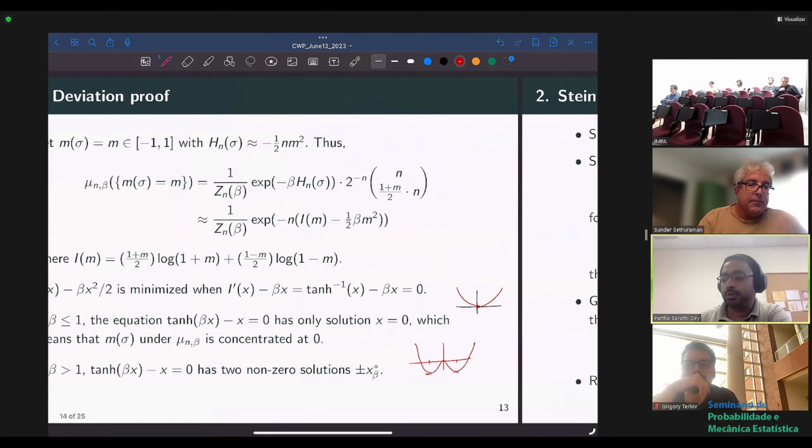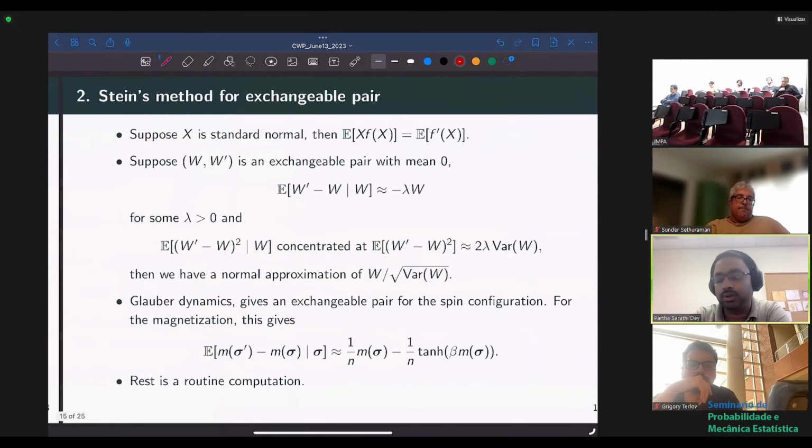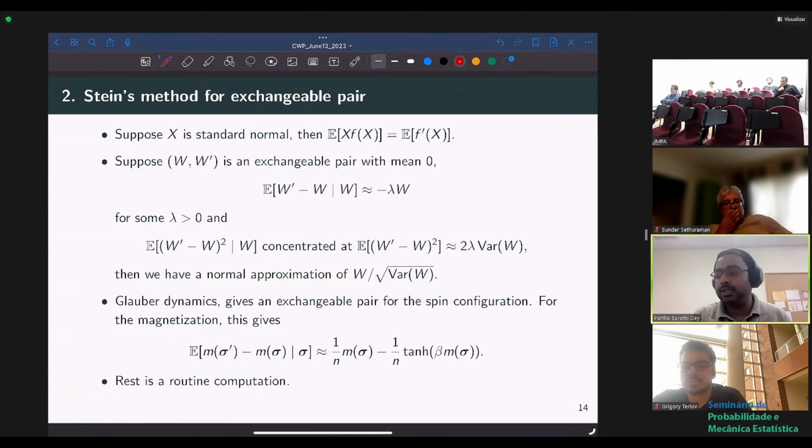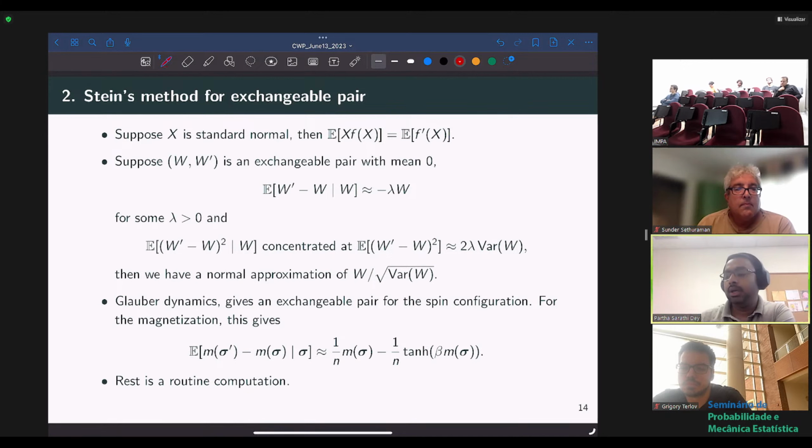Now let me show you one way to prove that Gaussian fluctuation. I'm looking at the subcritical case, beta less than beta c, but one can also focus on beta bigger than beta c, but then you have to concentrate around all those optimizers. The second way to prove this phase transition is using Stein's method of exchangeable pairs.